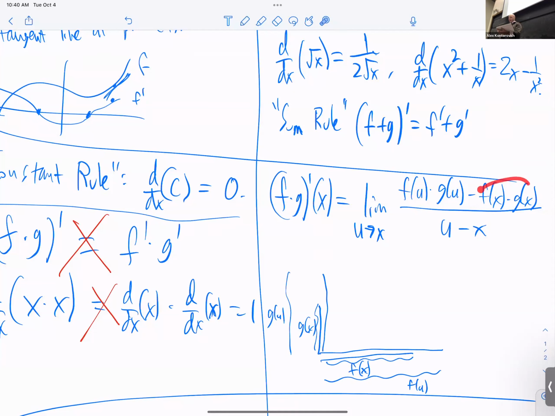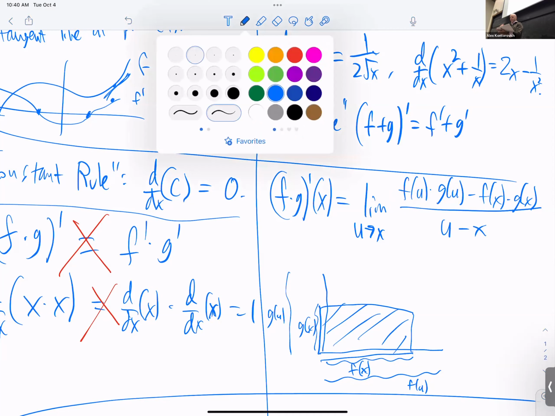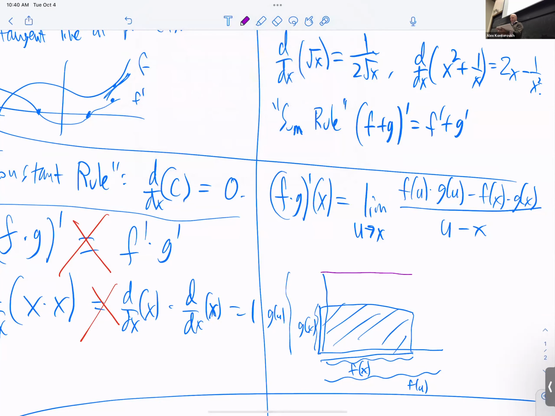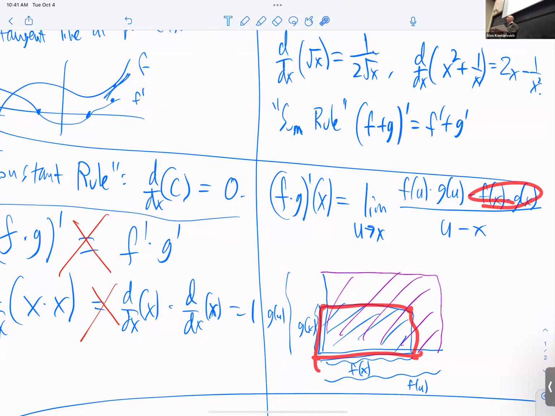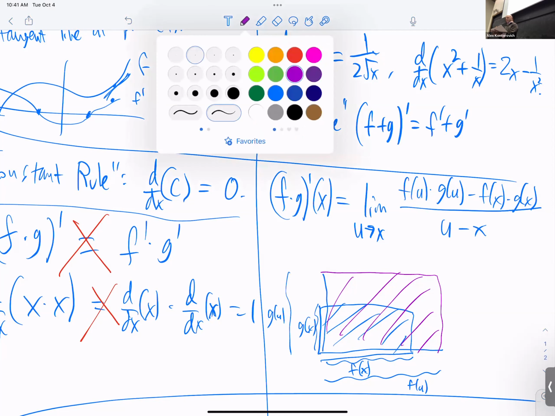Okay, so the product f of x times g of x is this area, as opposed to the product f of u times g of u, which is this whole area. You see that? So we want to know the difference between this big f of u by g of u rectangle, whose area is measured by the product, and we want to subtract off the area of the f of x by g of x rectangle. Does that make sense?